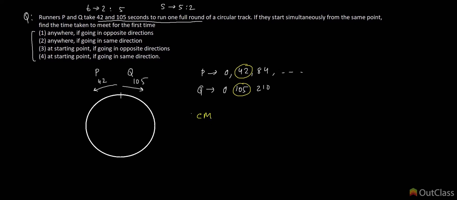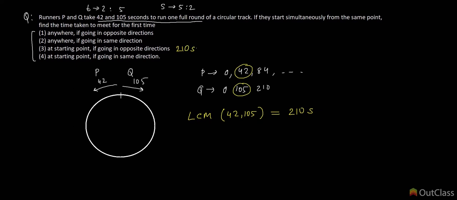And the first time that this happens is obviously the least common multiple of 42 and 105, which you'll find out is 210. So at 210 seconds, both P and Q will be at the starting point for the first time. And so 210 seconds is the answer to the third question.